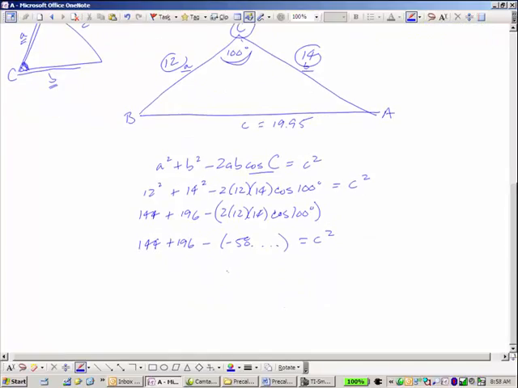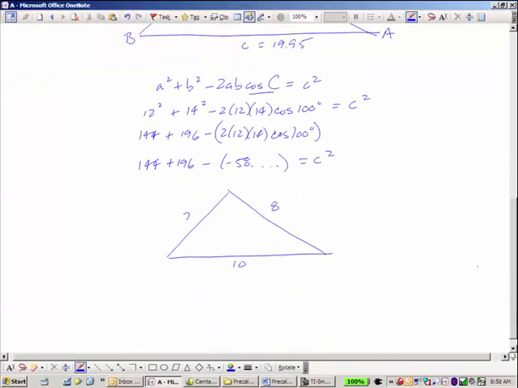Alternately, if you knew you had three sides of a triangle, like 7, 8, and 10, and you wanted to find any angle, let's say we want to find this angle here, we could use a squared plus b squared minus 2ab cosine C is equal to c squared.